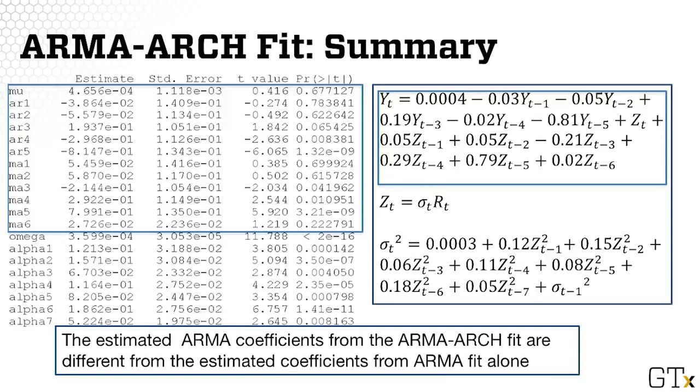On the other hand, if we compare the ARCH fitted model using the ARMA-ARCH fit versus the one fitted in the previous slide, where we fitted the ARCH model on the residuals, the fitted models are similar.